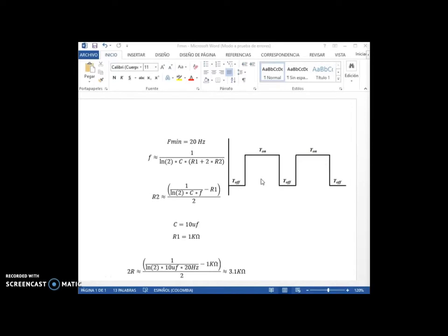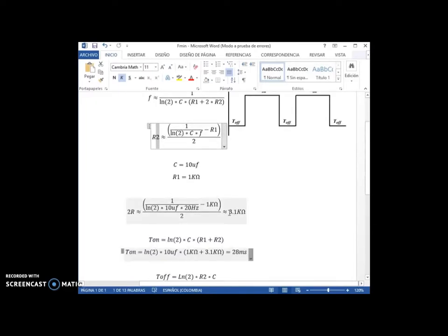So, considering that an integrated circuit 555 is used in astable mode, wherein a continuous output square waveform is obtained with a specific frequency, and the minimum working frequency is 20 Hz, we use this formula for the frequency, solving in order to obtain the variable R2.